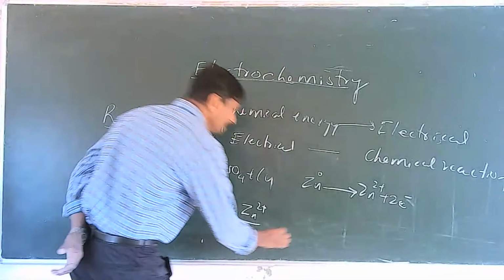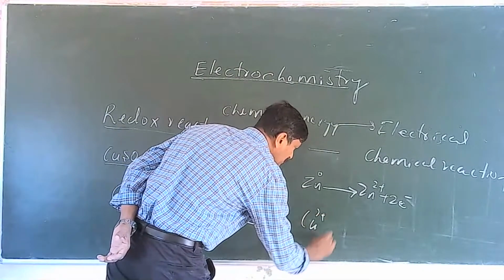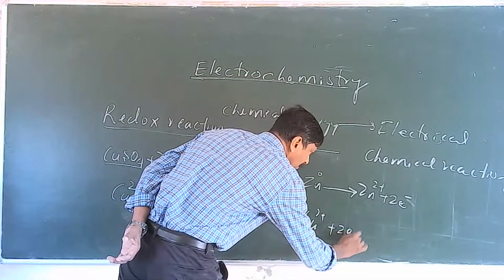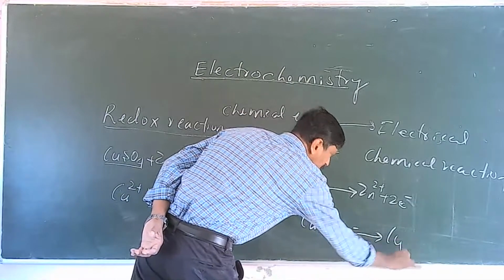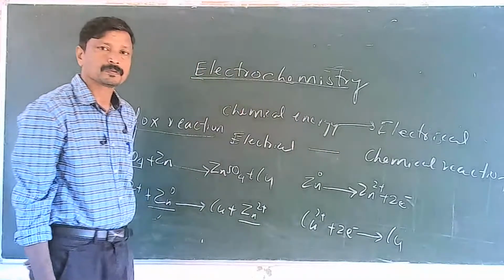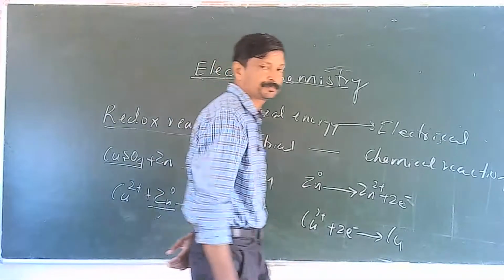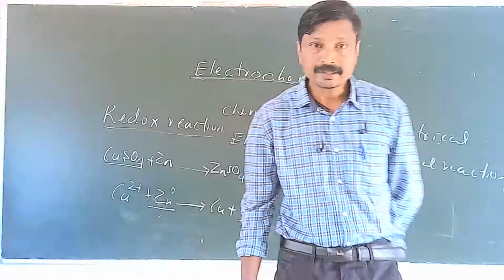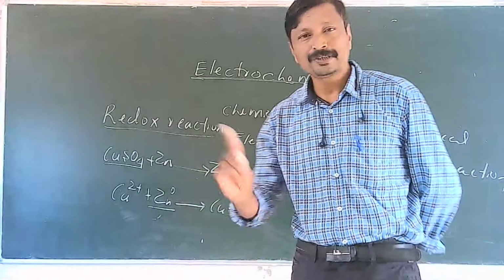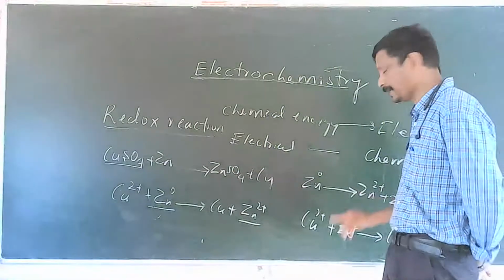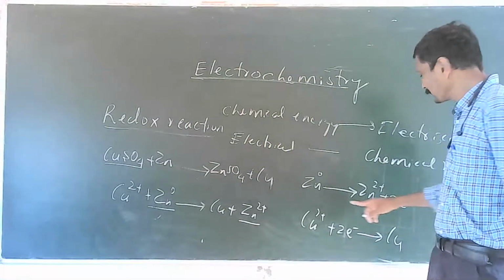Now look, Cu2+ takes 2 electrons and becomes Cu. This is called reduction. What is reduction? The addition of electrons, the reverse of oxidation.